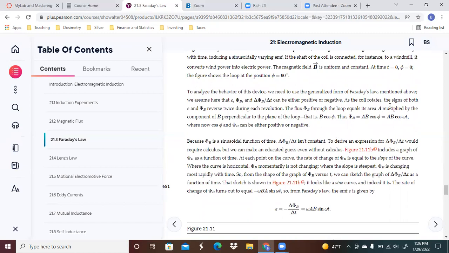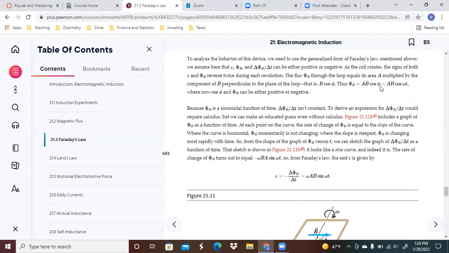So the flux through the loop equals its area multiplied by the component of B perpendicular to the plane of the loop. In other words, B times cosine of theta. How does that change? Well, it changes by the angular velocity multiplied by the time.